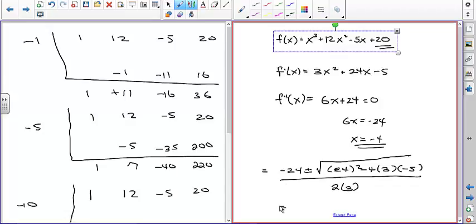Okay, so let's see what we get. 24 squared minus 4 times 3 times -5.